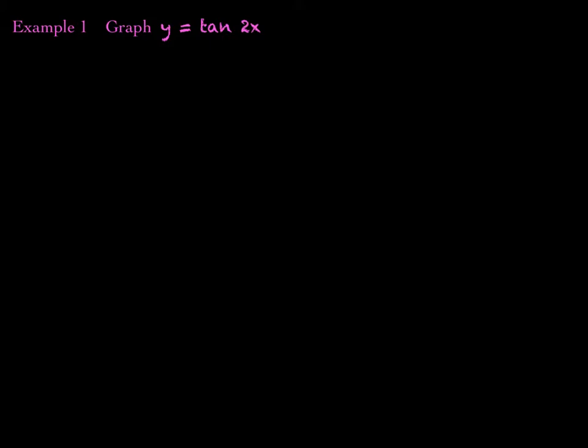Okay, the first thing we're going to do is find the period. Now, remember the period is pi, so the period here will always be pi over b. If you will remember that for sine and cosine, it was 2 pi over b, but for tangent and for cotangent, by the way, it'll be pi over b.